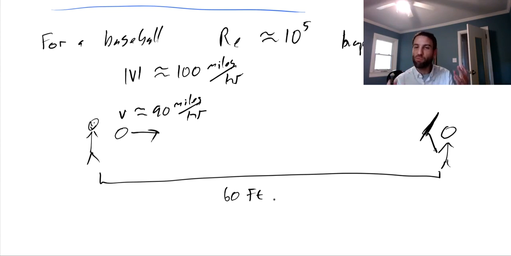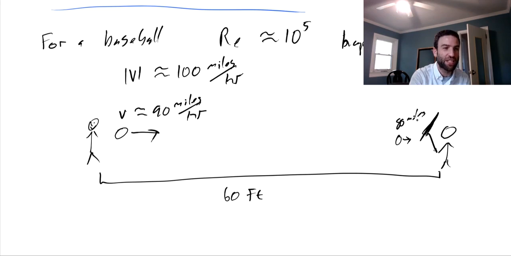But the large pressure drags here will slow that baseball down closer to 80 miles an hour by the time it actually gets to the batter. So there's a really substantial drop in the velocity of a pitched baseball in a pretty short distance. The length of time it takes a ball traveling at 90 miles an hour to go 60 feet is not very long, but the pressure drag here can really be quite enormous, right?